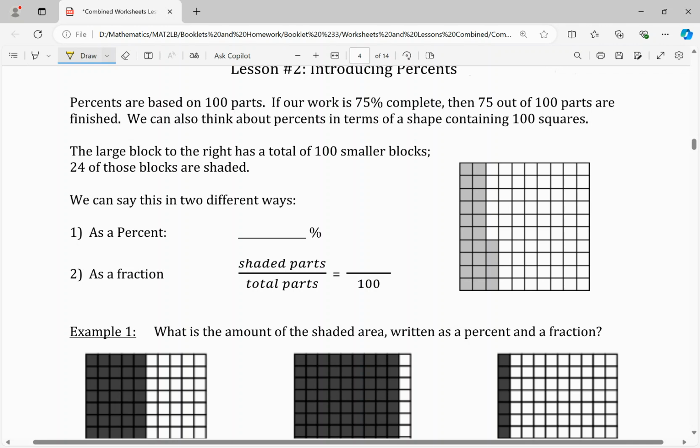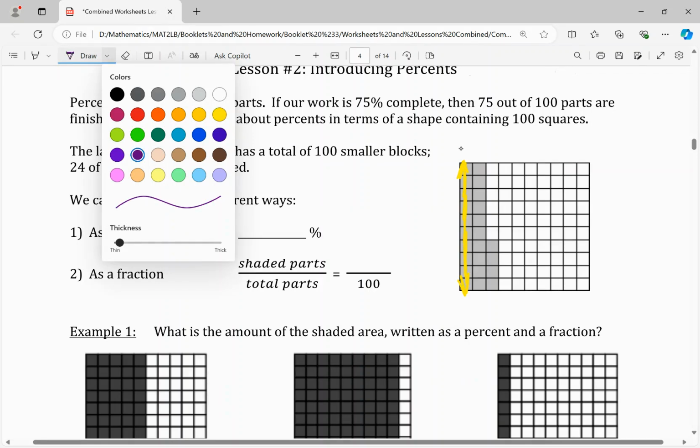The large block on the right has a total of 100 smaller blocks. In this example, 24 of those blocks are shaded. If I wanted to double check this, you don't need to count every single block individually. Remember that each column is 10 blocks, right?